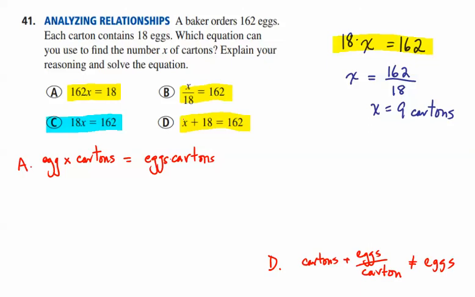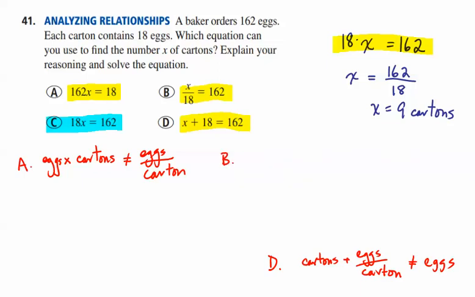And we would end up with 18. That 18 refers to 18 eggs per carton. So hang on a second. What I want to write is what is actually stated in the problem. So 162 is eggs, the x is cartons, and the 18 is eggs per carton. So you can tell that eggs times cartons is not the same as eggs per carton or eggs over cartons. So we know that A cannot be the correct answer, just based on the units of measure alone.